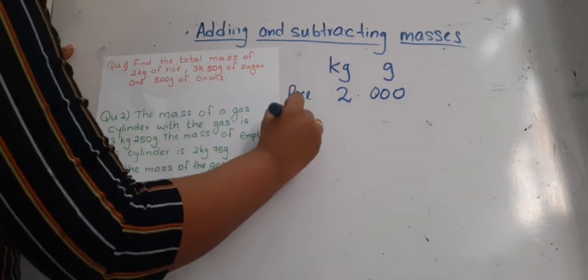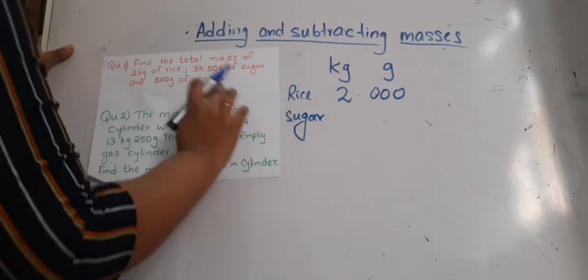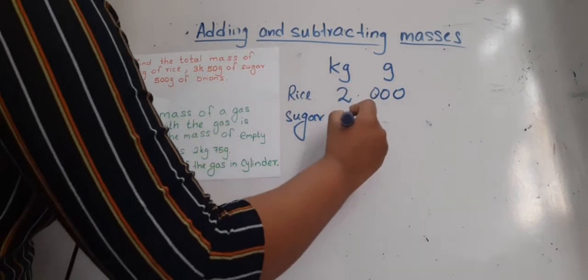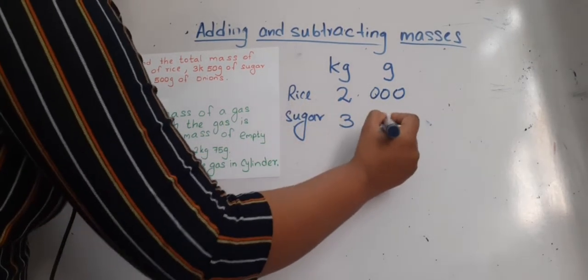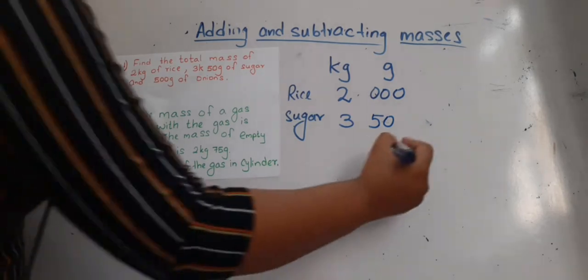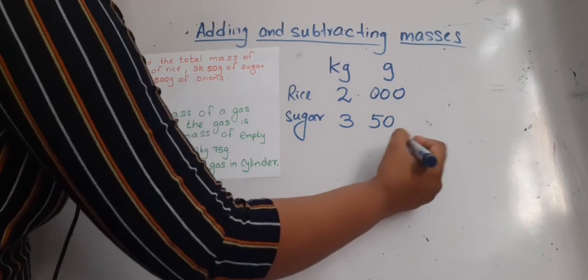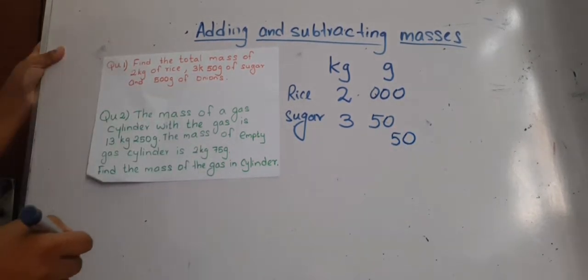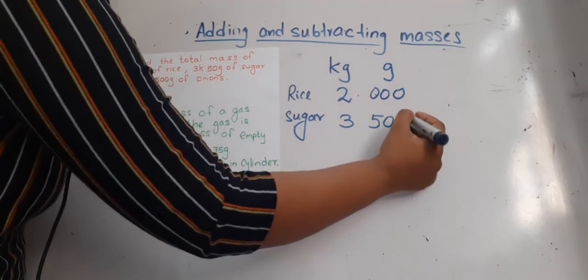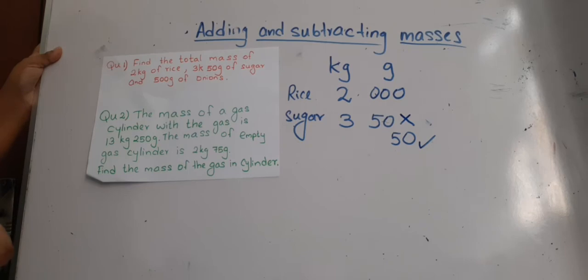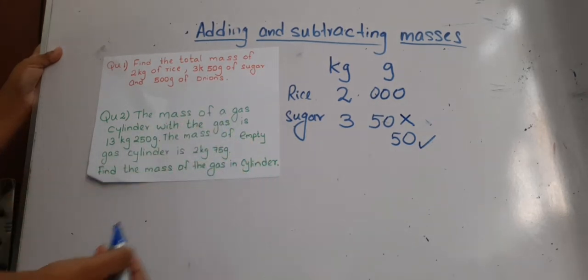Then sugar, 3 kilograms and 50 grams. Now how do we write 50 in here? Do we write like this or like this? Remember children, this is the mistake that most children make. The 50 must be written in this way, not in this way. You might know about place values, right?